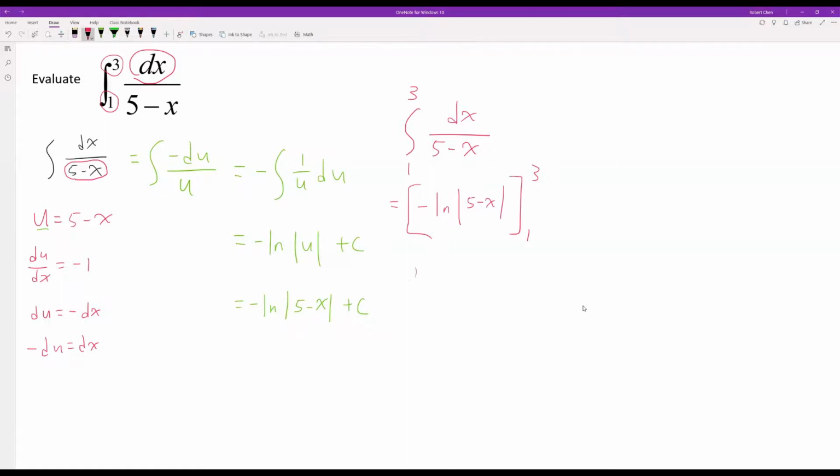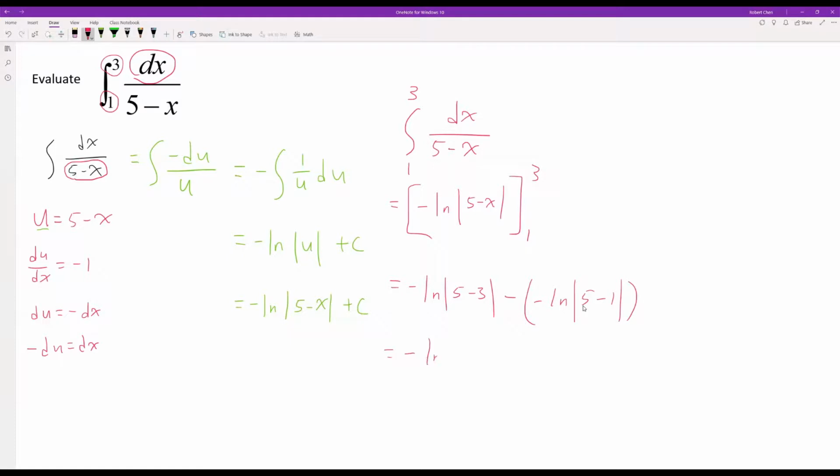All right, so let's go ahead and evaluate. First we have negative ln of 5 minus 3, minus negative ln of 5 minus 1. Let's see what we have.